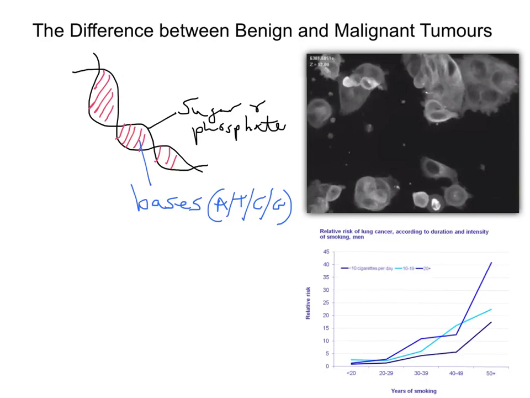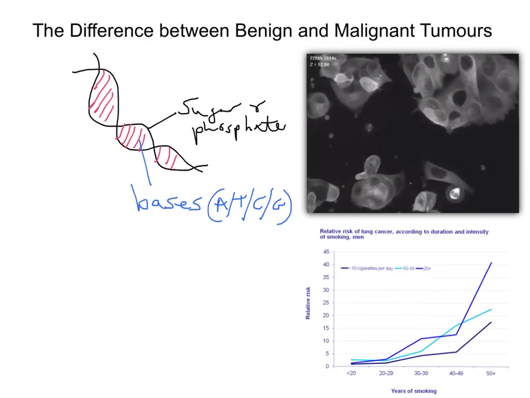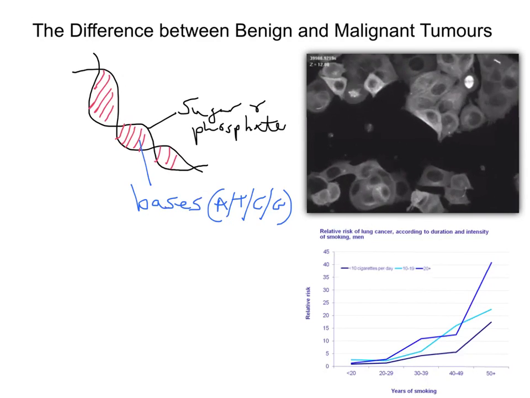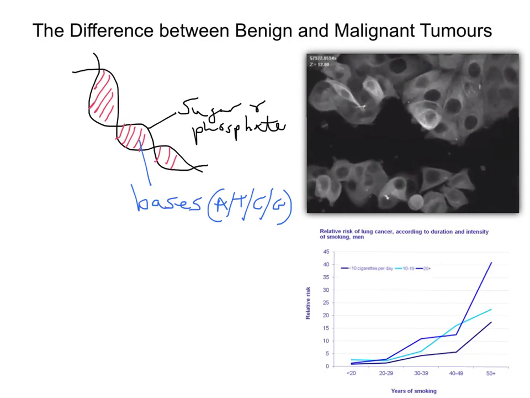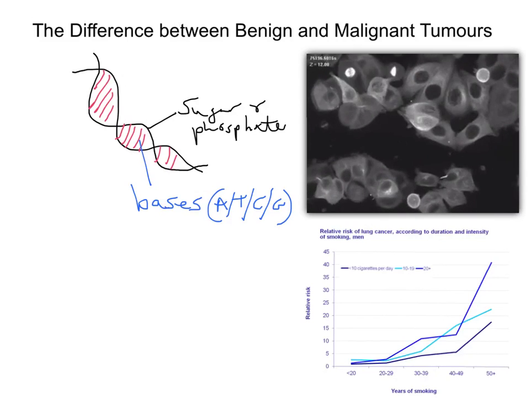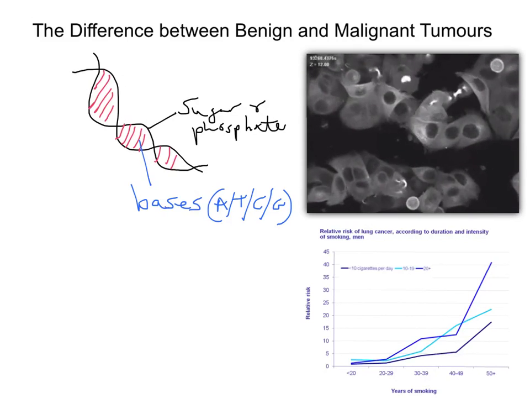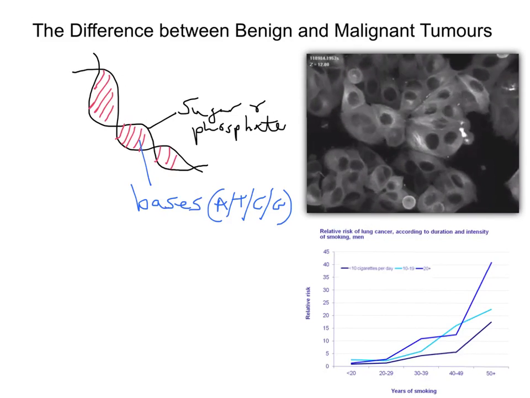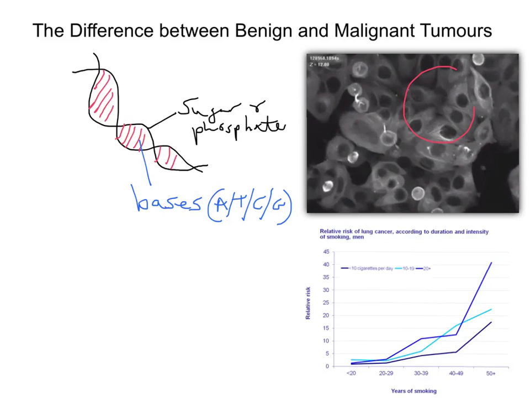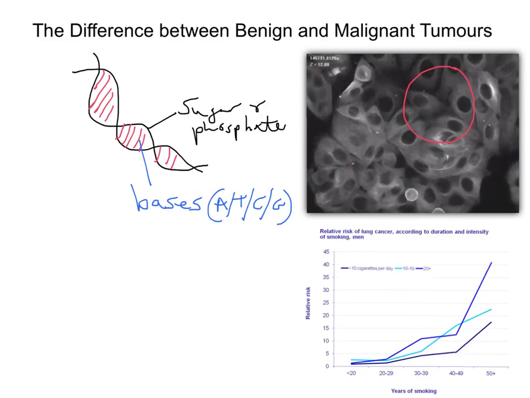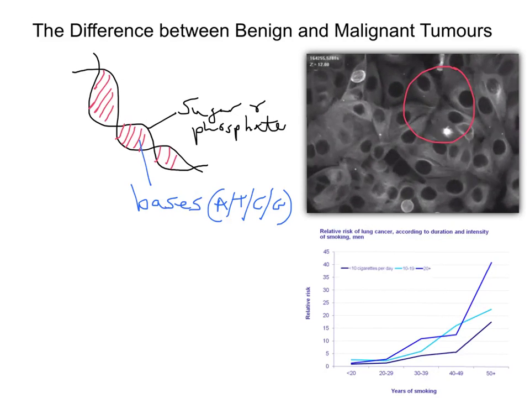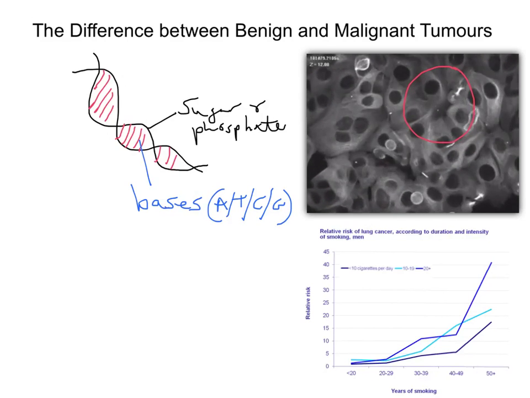Over to the right of this image that I've just drawn of the DNA, we have here a video that I'm playing of breast cancer cells that are dividing. If we note, especially in this region here, how rapidly those cells are multiplying.